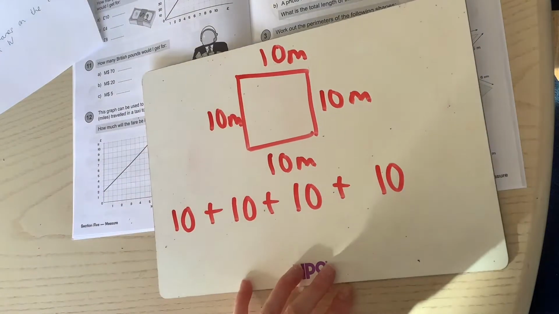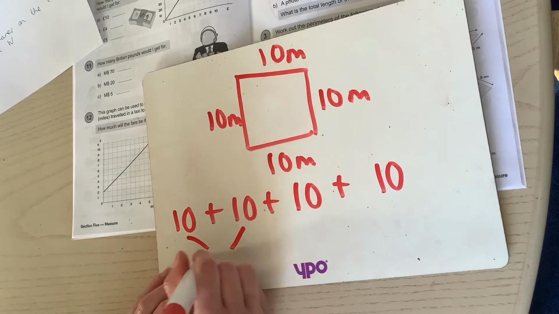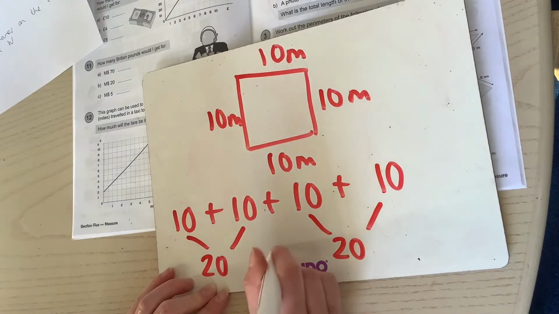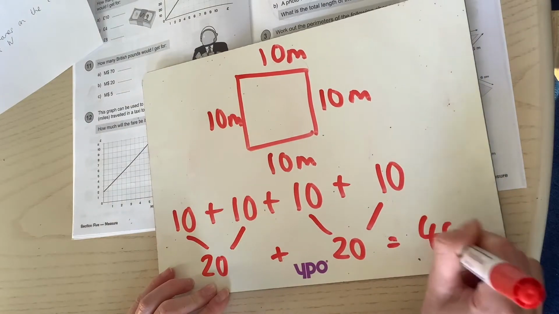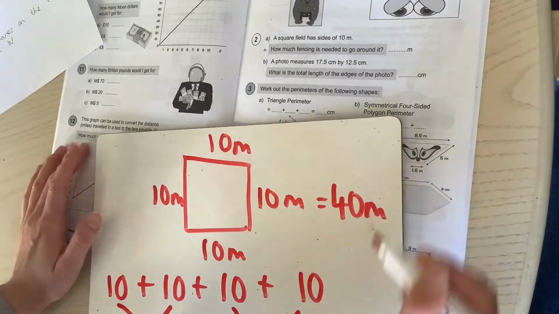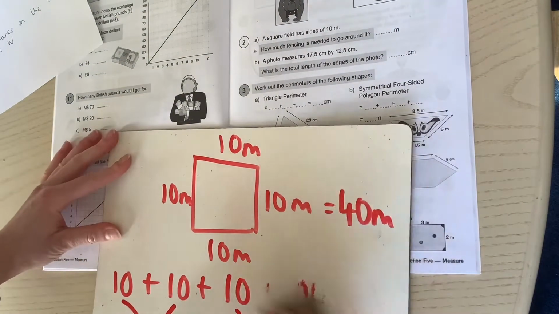I can just use repeated addition or I can break it down. 10 add 10 is 20. 10 add 10 is 20. 20 add 20 is 40. So my total perimeter for this question would be 40 metres because the measurement is in metres.